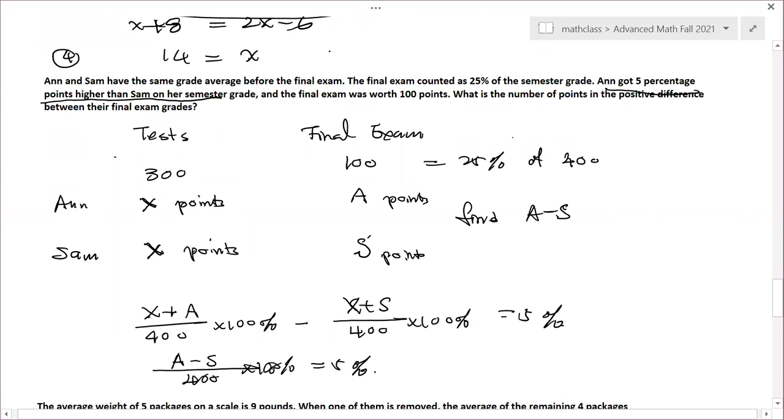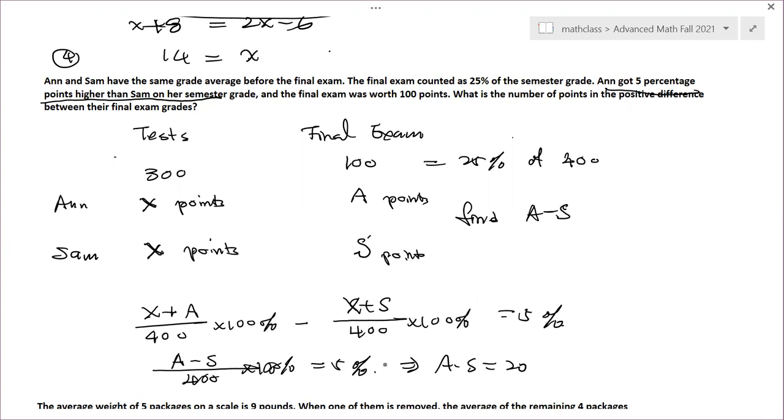After simplifying, A minus S is going to be 20. 100% divided by 400 is 1/4, and 4 times 5 is 20. So A minus S is 20, that's the difference.